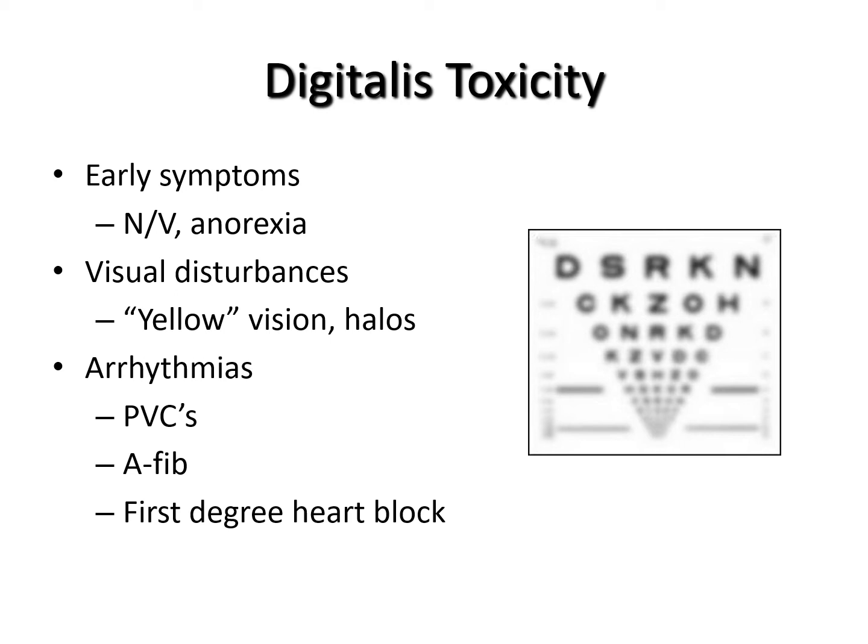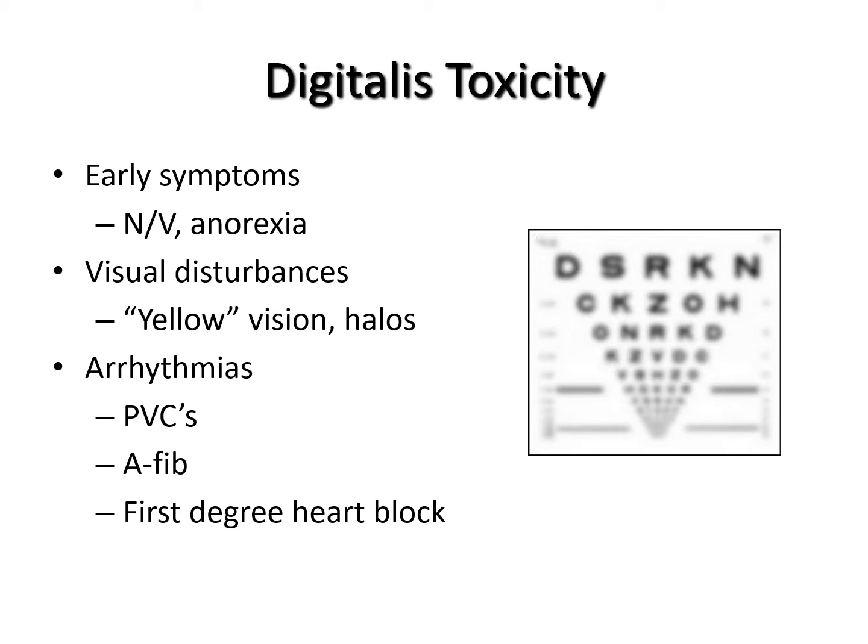Changes in color perception. Sometimes they may see a yellow-green distortion, but other color distortions occur as well. Also, they can see halos and bright spots, blind spots, blurred vision. Any type of visual disturbance can be an indication that the patient is becoming toxic with their dig.